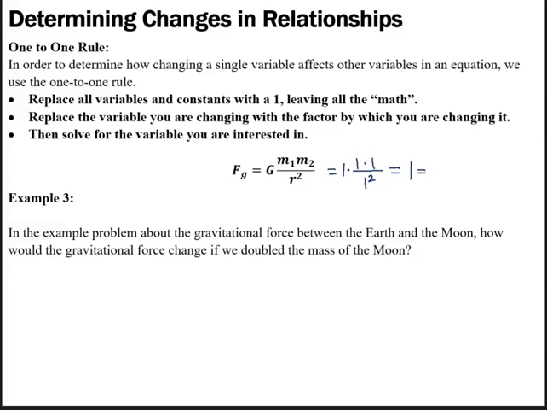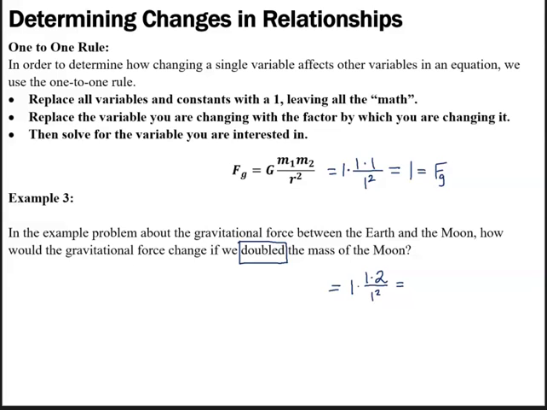So this is my original gravitational force. That's the original strength of my force. Now, what I'm going to do down here is I'm going to replace the variable I'm changing with the factor by which I'm changing it. So I'm doubling the mass of the moon. So I'm going to put in 1 for G, 1 for M1, and I'm doubling M2 divided by the radius squared of 1.